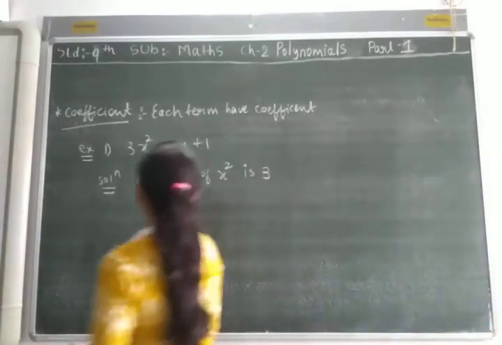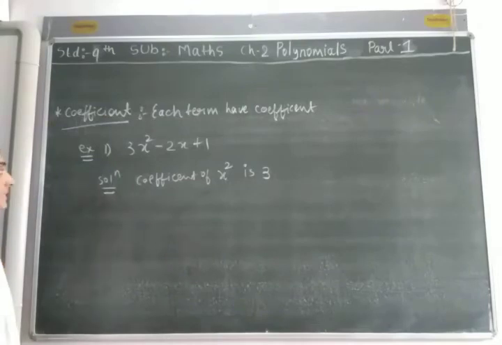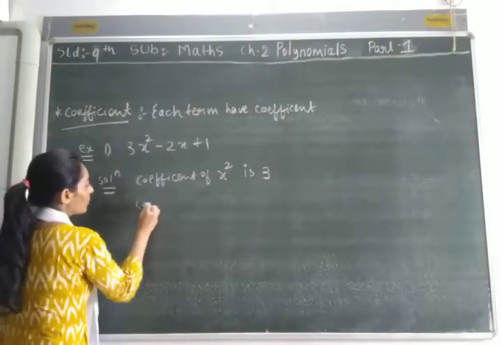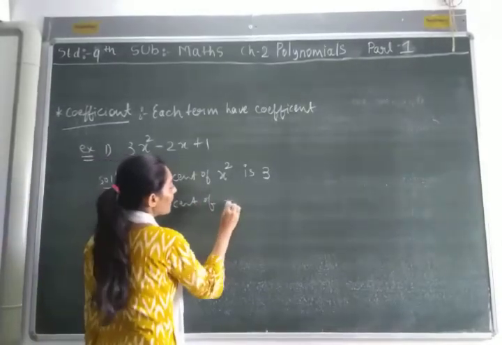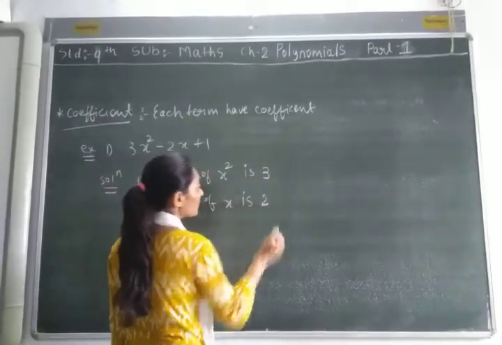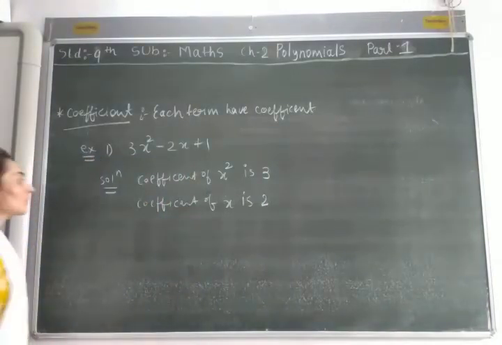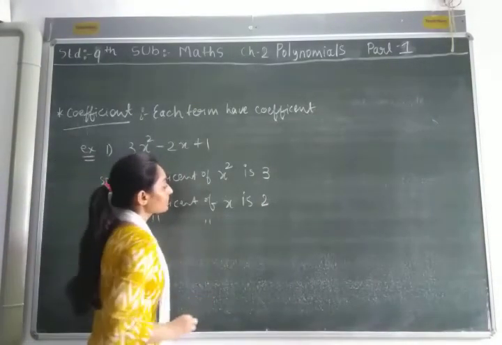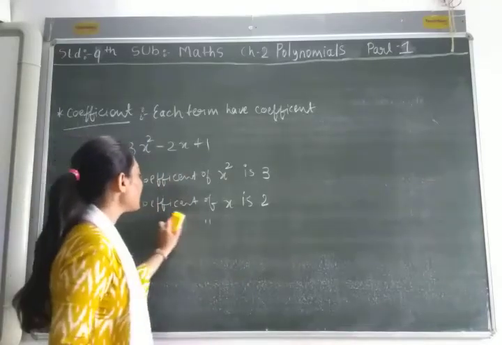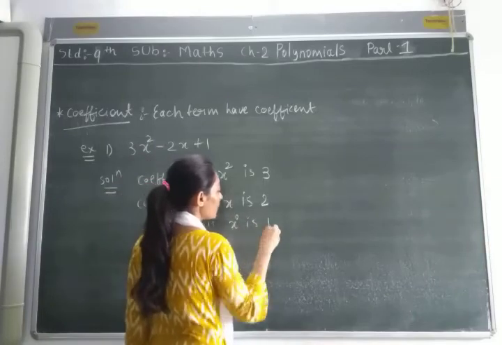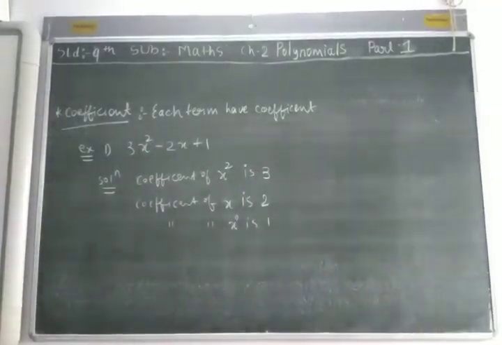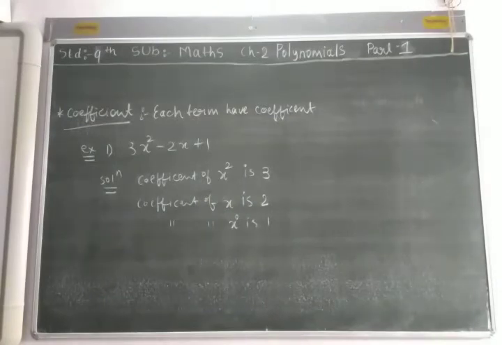So the coefficient of x square is 3, the coefficient of x is 2, and where there is no variable, you can write the coefficient of x to the power 0 is 1. This way we can find the coefficient of each term.